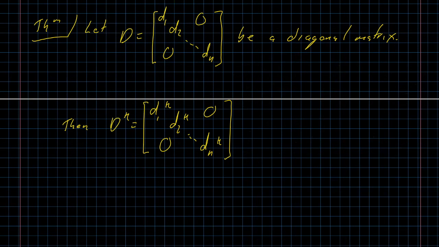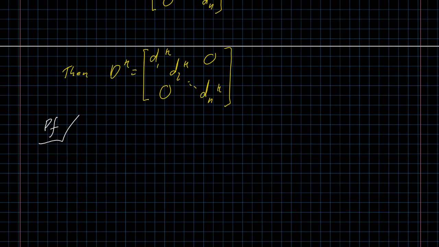But for now, we have a theorem, which means that we have to prove it. I'm not going to prove this in general, but I'm going to look at a couple of particular cases. So this is not a proof so much as a sketch of proof. Right, so I'm going to look at a 3 by 3 matrix.